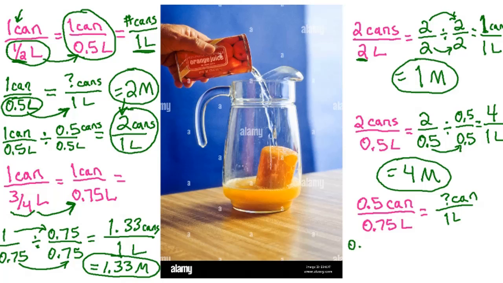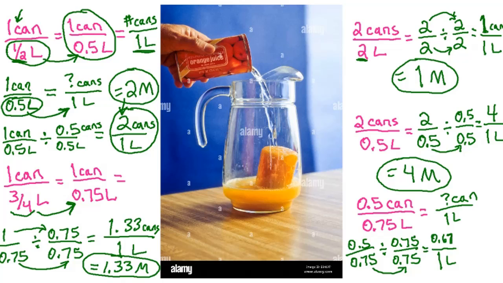So if we take 0.5 over 0.75 liters and we divide the top and the bottom by 0.75, if we do the bottom first, 0.75 liters divided by 0.75 liters is 1 liter, and 0.5 cans divided by 0.75 gives us 0.67.